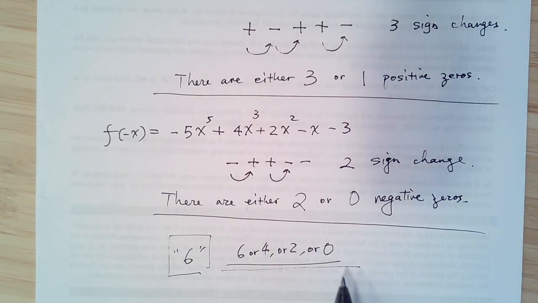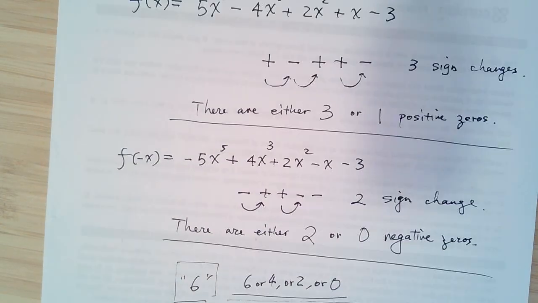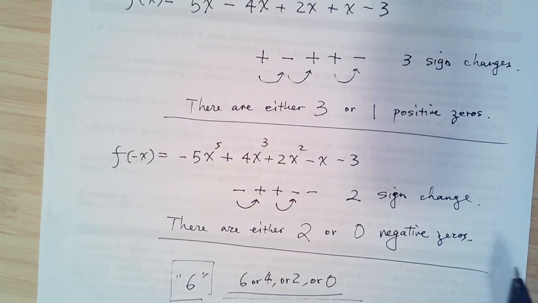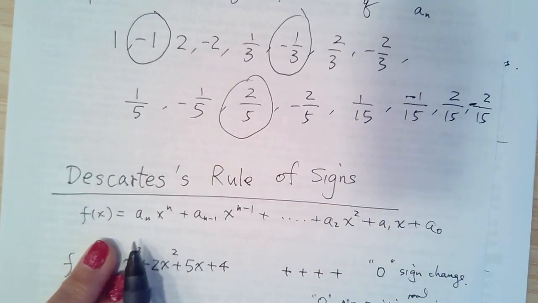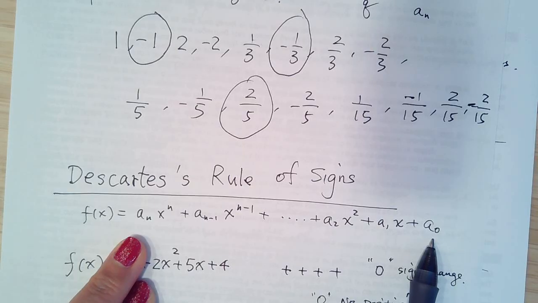So this is how many sign changes, and that's all the possible numbers of positive or negative zeros. Okay, so I think right now you can understand what I was saying earlier about the theorem is very complicated. Let me repeat that again. Let f of x equal this, and they have all real coefficients.